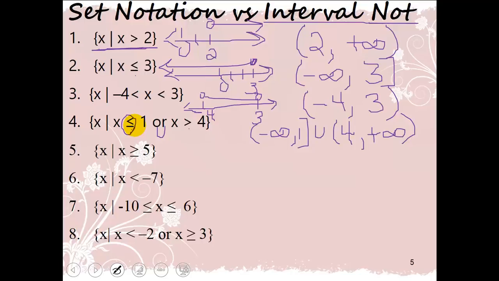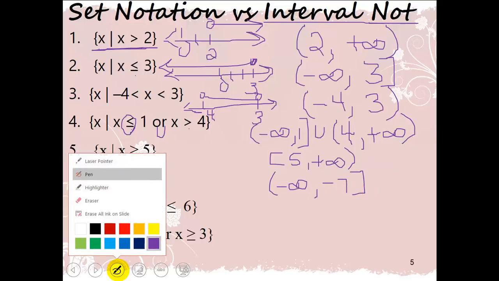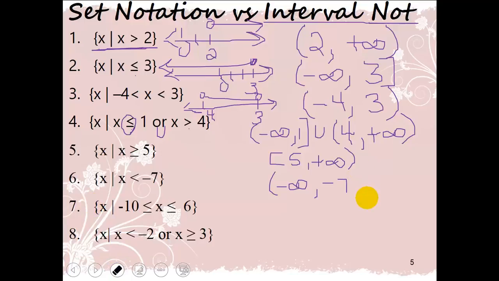All right, I'm going to write them up here. For number 5, we would have a bracket 5, positive infinity. 6, negative infinity with a parenthesis, and then negative 7, and then a bracket. Nope, a parenthesis.